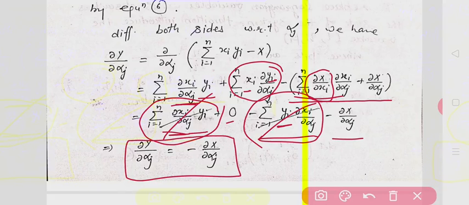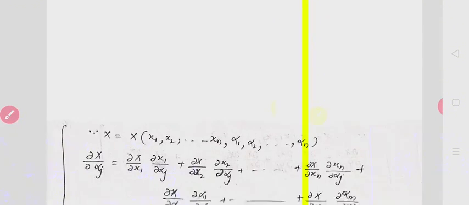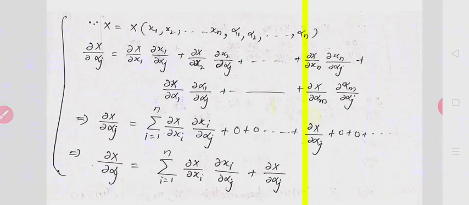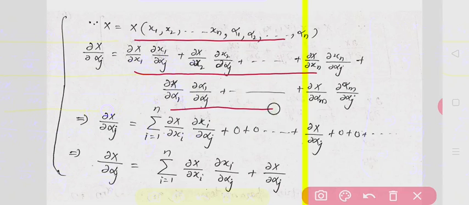I have proved this later on in this page, you can check when we were finding capital X. Individually, when you find it, the first term becomes 0, the second term becomes 0, but wherever alpha j is there, curl alpha j over curl alpha j becomes 1 and curl x over curl alpha j is left.